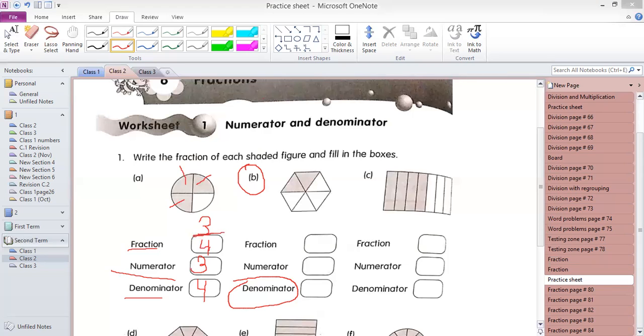Other students, answer me. In how many equal parts is this shape divided? Check how many equal parts there are in B. Awab Muhammad, very good. Jamal Badr, very good. Hamza Muhammad, very good.